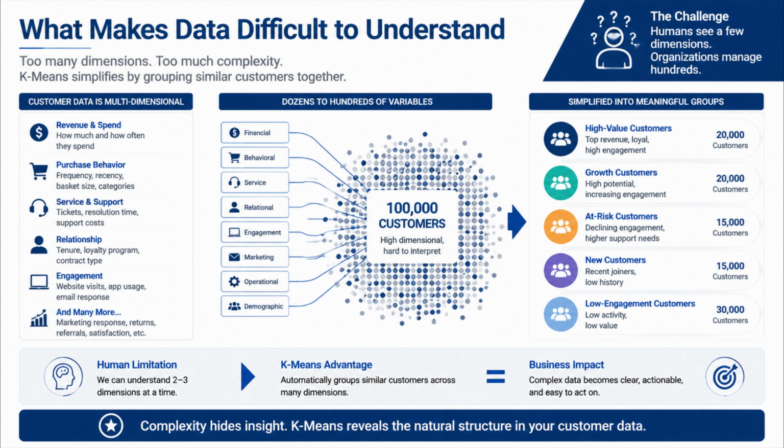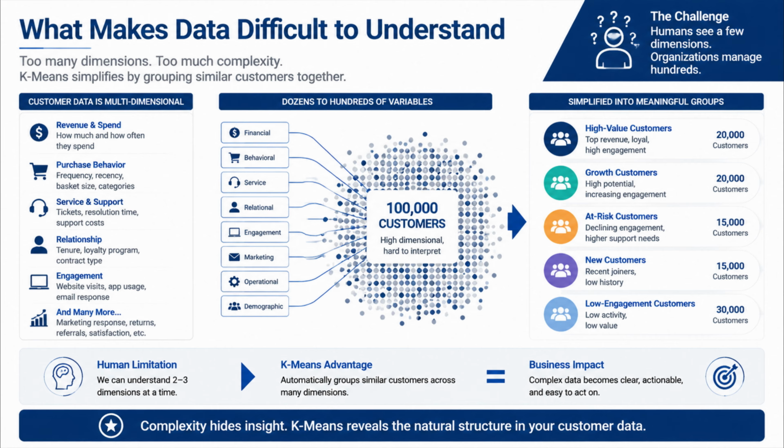Section 3. What makes data difficult to understand? Customer data rarely exists in a single dimension. A customer may differ by revenue, frequency of purchases, support costs, tenure, loyalty, engagement, and dozens of other factors. Humans can understand 2 or 3 dimensions.